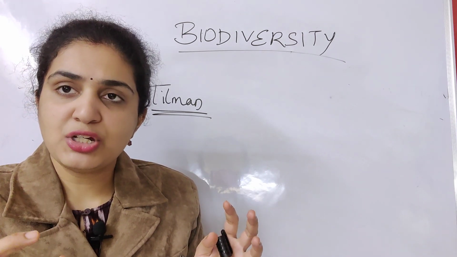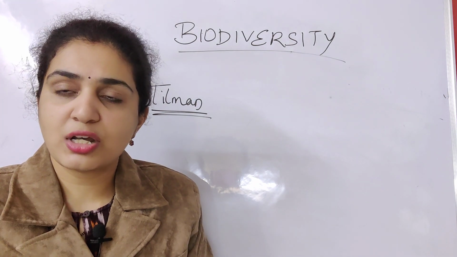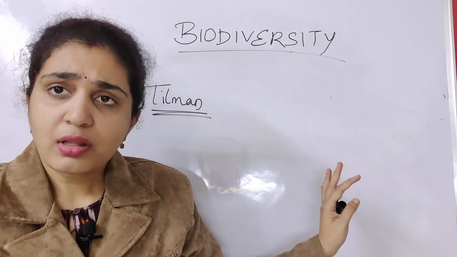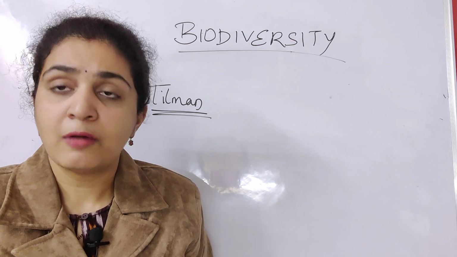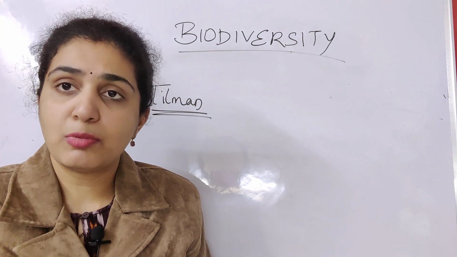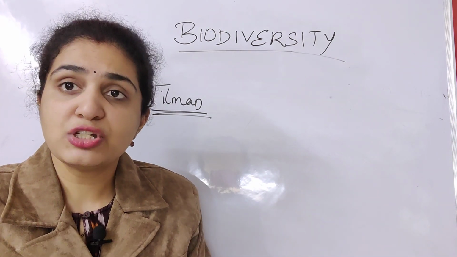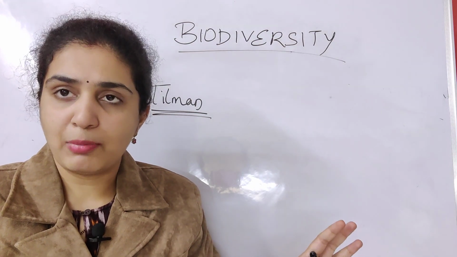Generally, the species should be constant there, with no variation. There should be minimal changes. Even if natural disasters or man-made deforestation happen, species should be constant. Then only it is called a stable community.